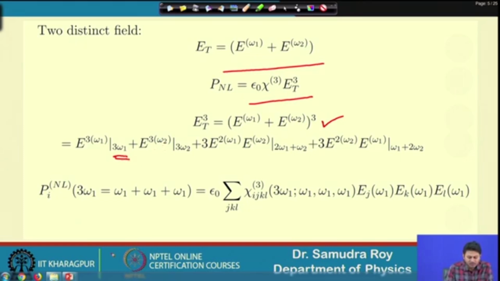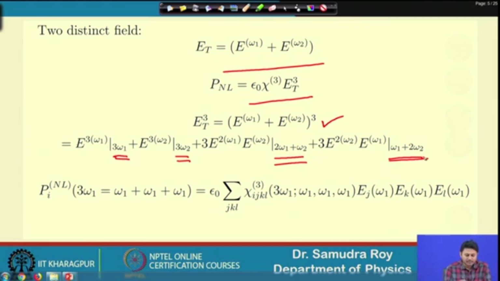E cube of omega 2, what frequency component do we have? We have 3 omega 2 frequency component. Then 3 of E squared omega 1 and then E omega 2. So, what will be the frequency component? The frequency component will be 2 omega 1 plus omega 2, and in a similar way here the frequency component will be omega 1 plus 2 omega 2.